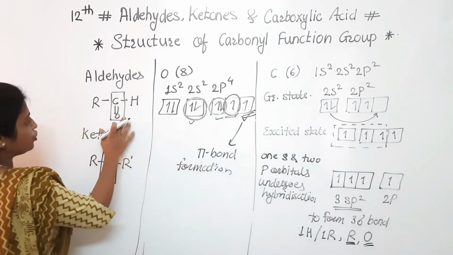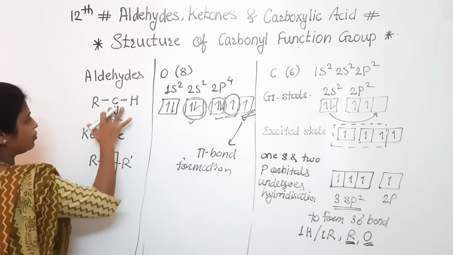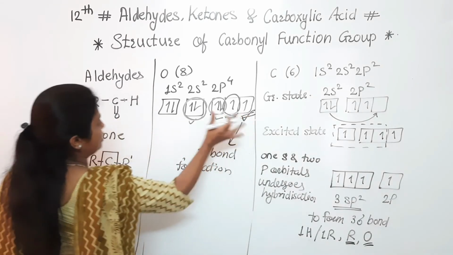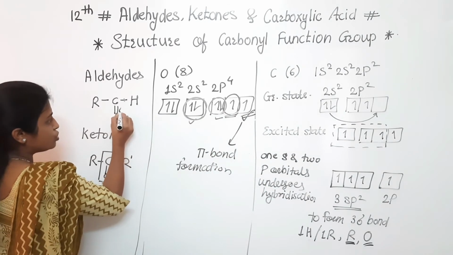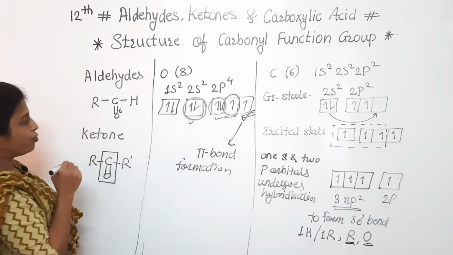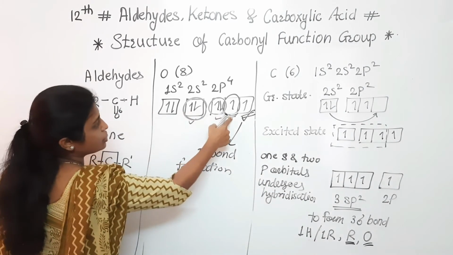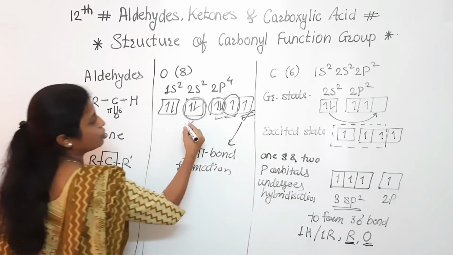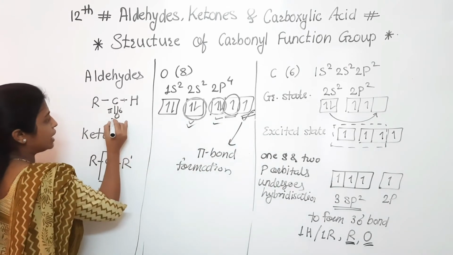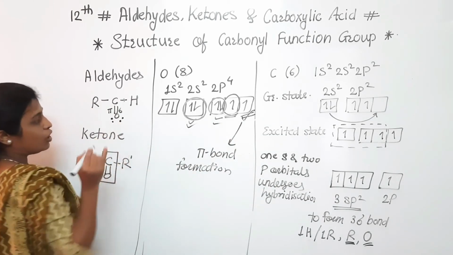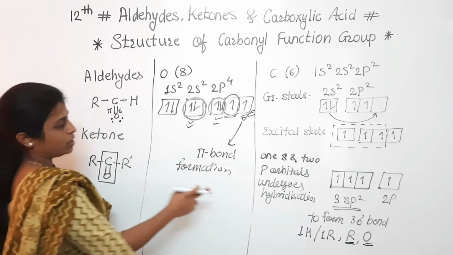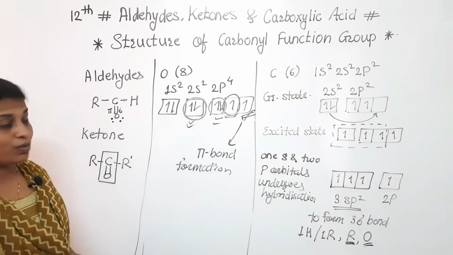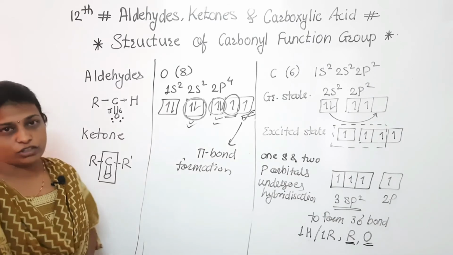So here if we observe this structure, we can say that out of these 3 p orbitals, one p orbital is used for the sigma bond formation, and the next one is used for this pi bond formation. And what about this 2s and 2p orbital? They remain as a lone pair on that oxygen. So in this way we have completed how the bond formation takes place in the carbonyl functional group.